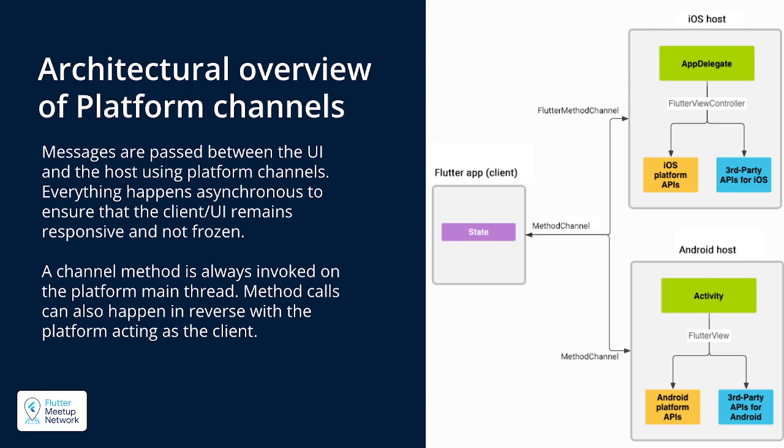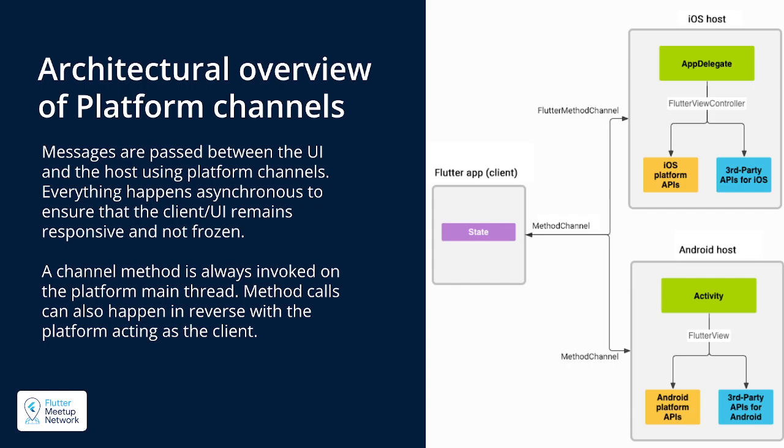So, method calls, basically, can happen in reverse, right? Where the platform becomes your client instead of the host. I think one very good example is quick actions, right? You could check the quick action plugin on pub.dev.